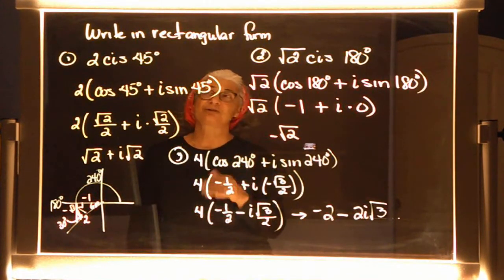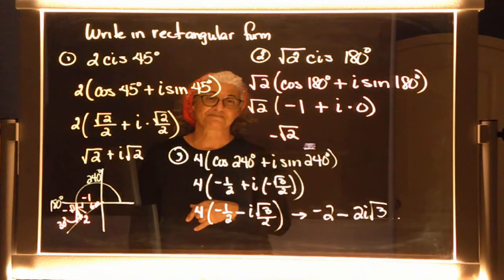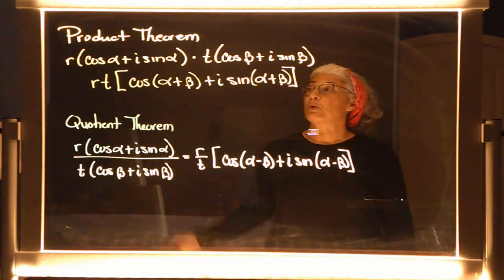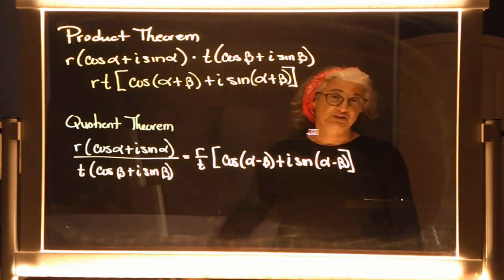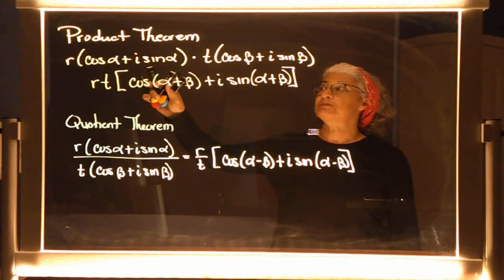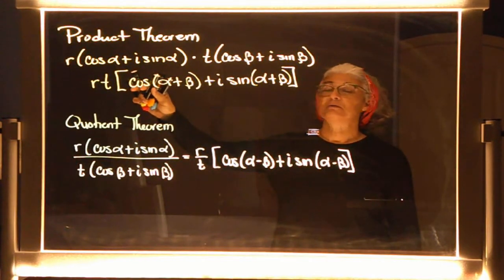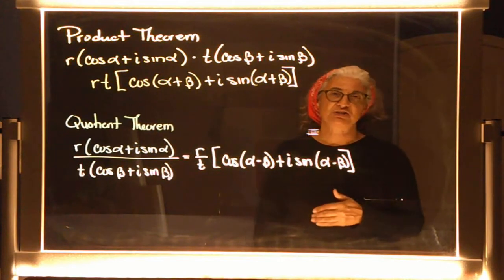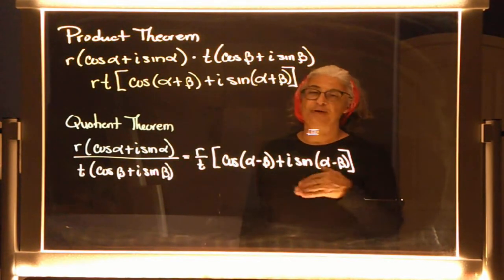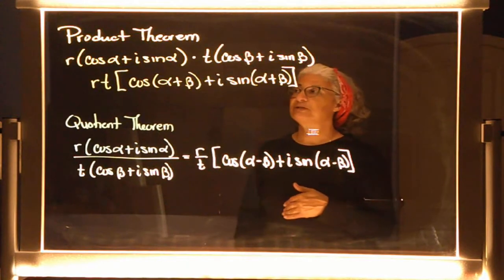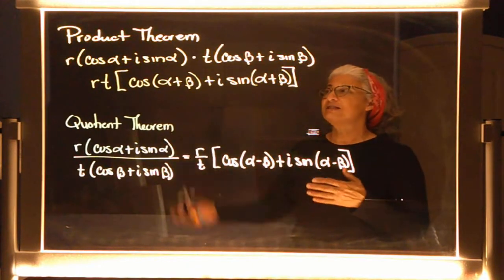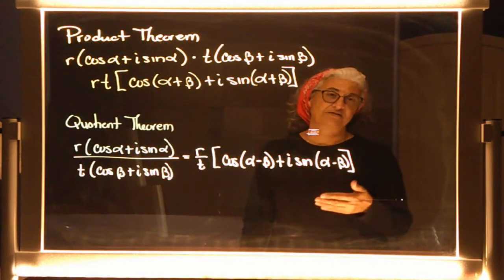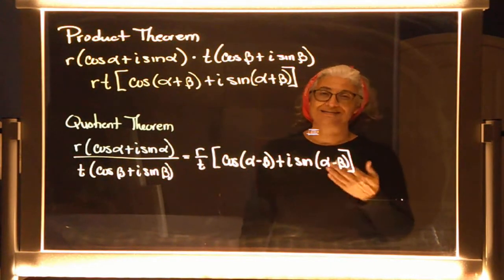I've got some theorems to go along with these polar forms of complex numbers. Okay, so here's a couple of theorems for us. One is a product theorem, one is a quotient theorem. So we're multiplying two polar form complex numbers. Now there's a whole derivation that goes with this, and if you actually have my notes, I show you in the notes, I believe. But here's the deal. This has to do with us actually working with the sum and the difference formulas, identities.